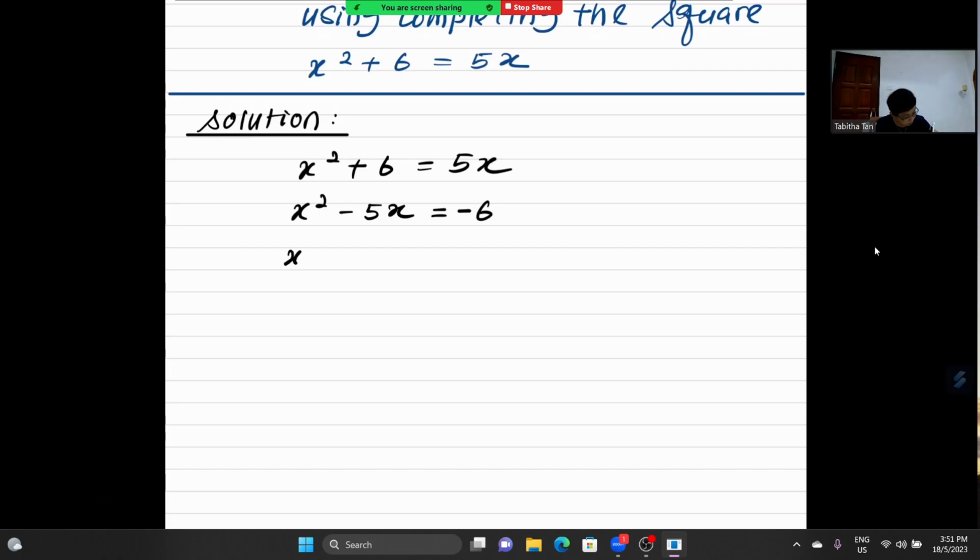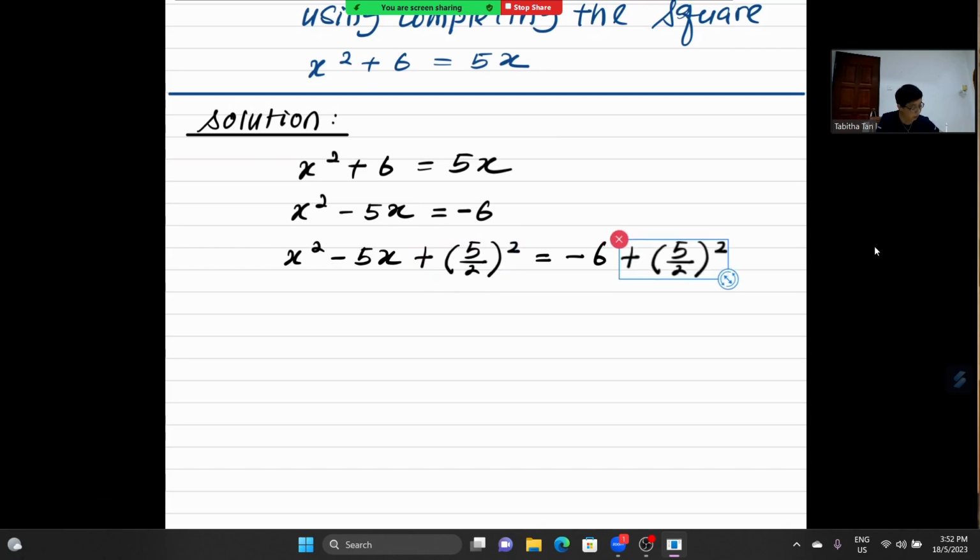So let's take the b. In this case, the b is 5. We're going to divide by 2 and square it. We add on this extra component to the equation, and to keep it balanced, we will do the same thing on the right hand side.